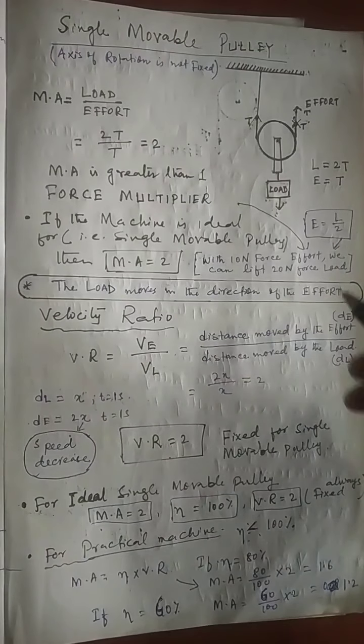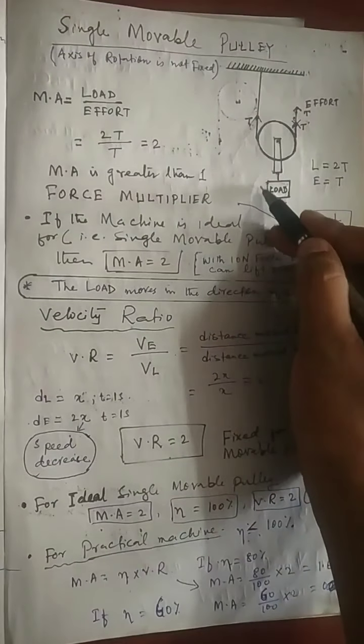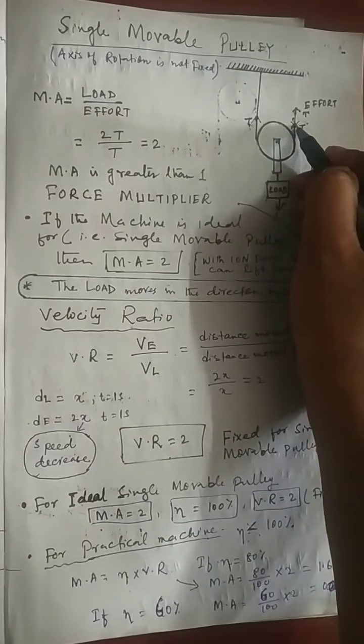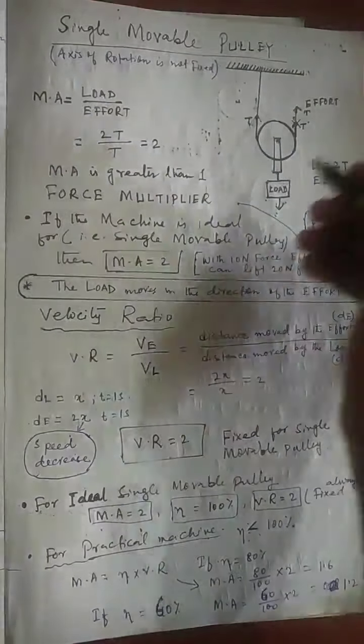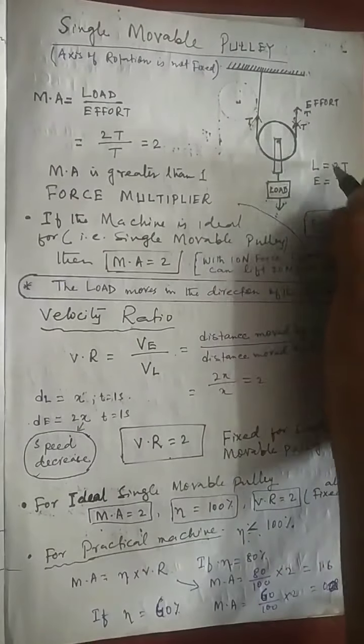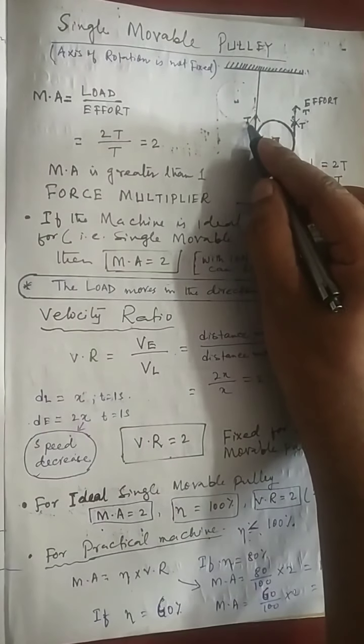Now look at this. This load is balanced by this tension and this tension. So the load is balanced by two tensions, tension 1 and tension 2.